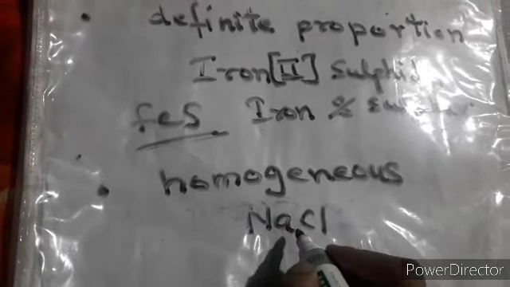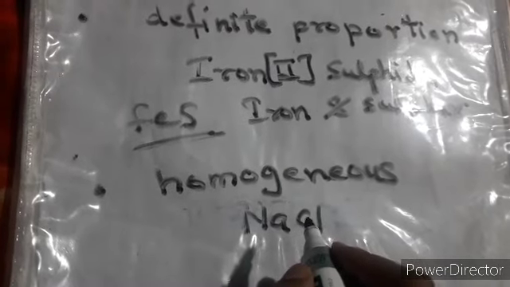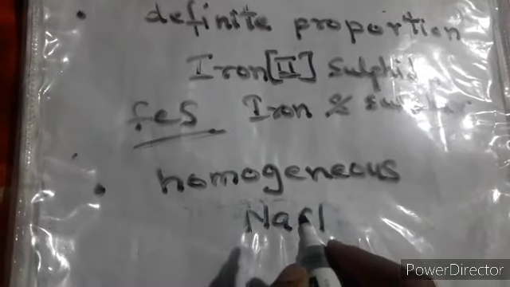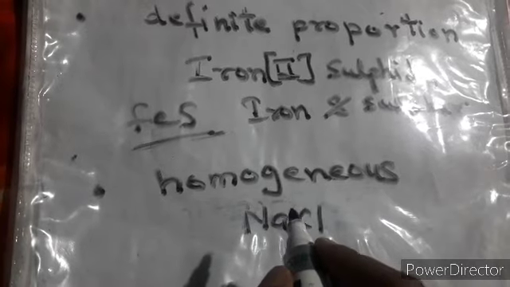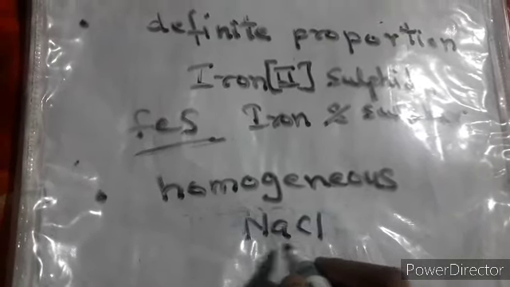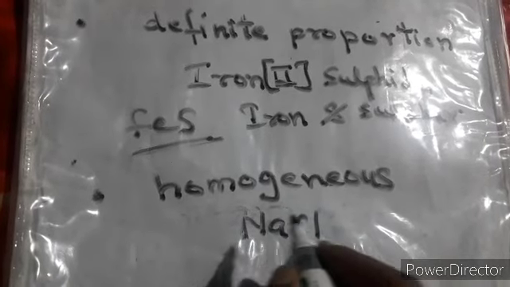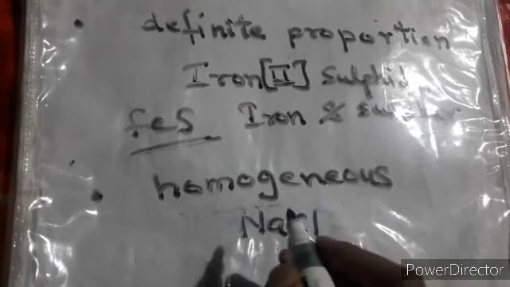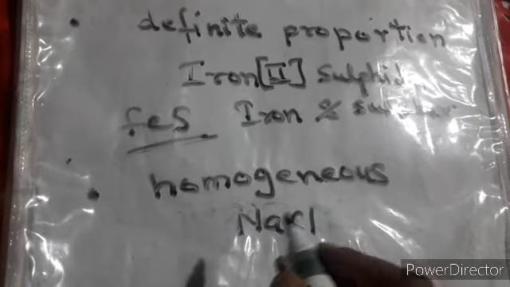Now why are we saying homogeneous? You have seen salt in your home. Can you identify which part is sodium and which part is chlorine? When these two elements combine together, they become homogeneous, they become the same. You cannot identify in that salt which is Na or which is Cl, right?